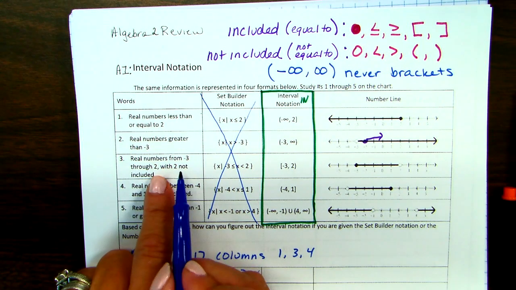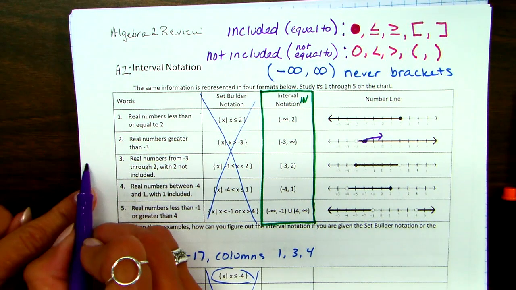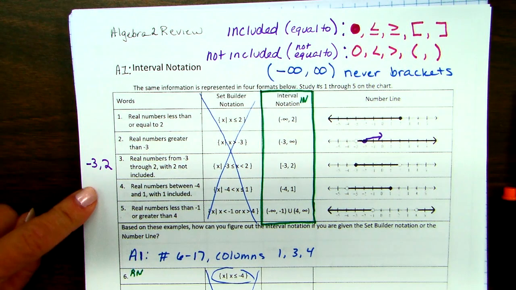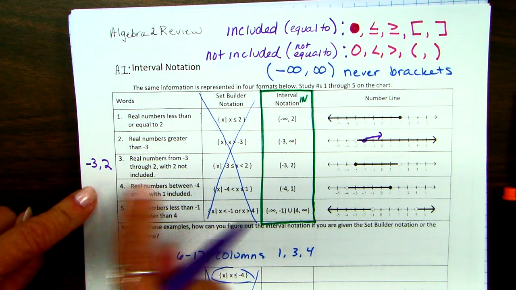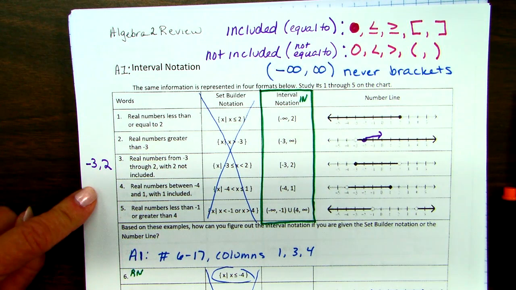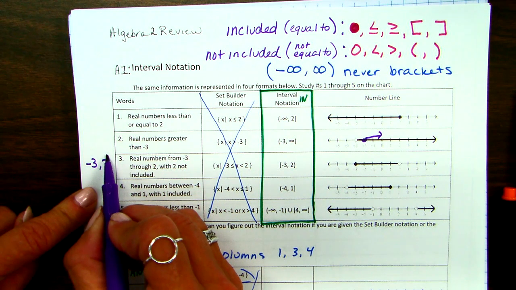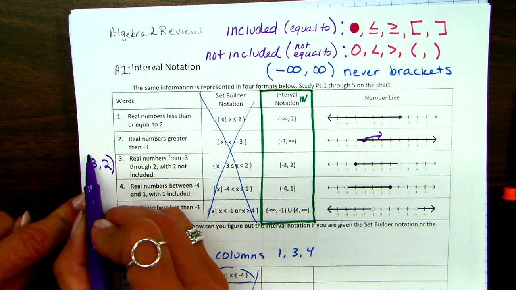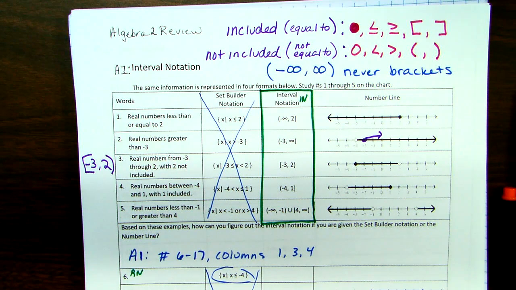Real numbers from -3 through 2. So I would read that right away. I'd go -3, 2. Right? Least to greatest. We'll talk about that. With 2 not included. So since I'm specifying that 2 is not included, that would be parentheses. And by default, since it said one was one way and didn't say anything about the other, we would call that included.